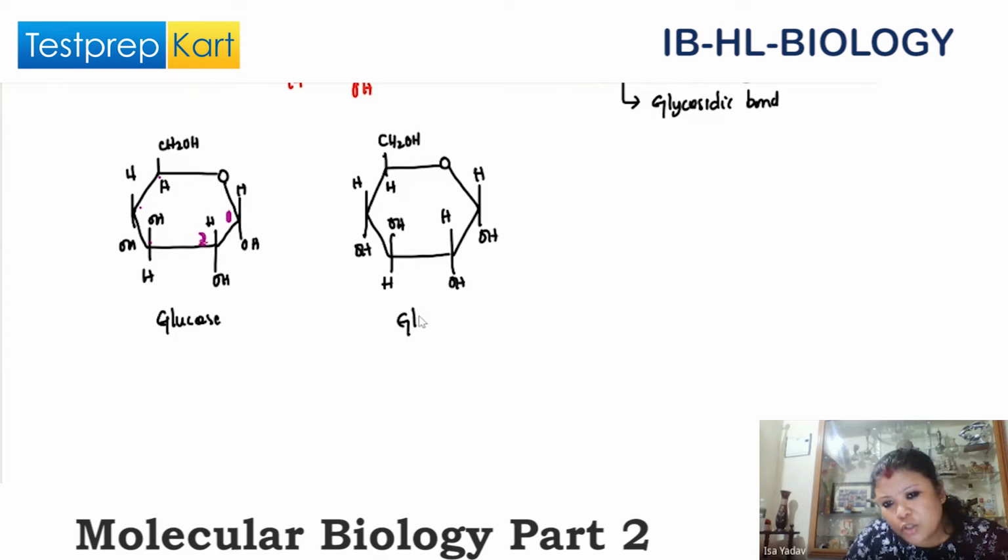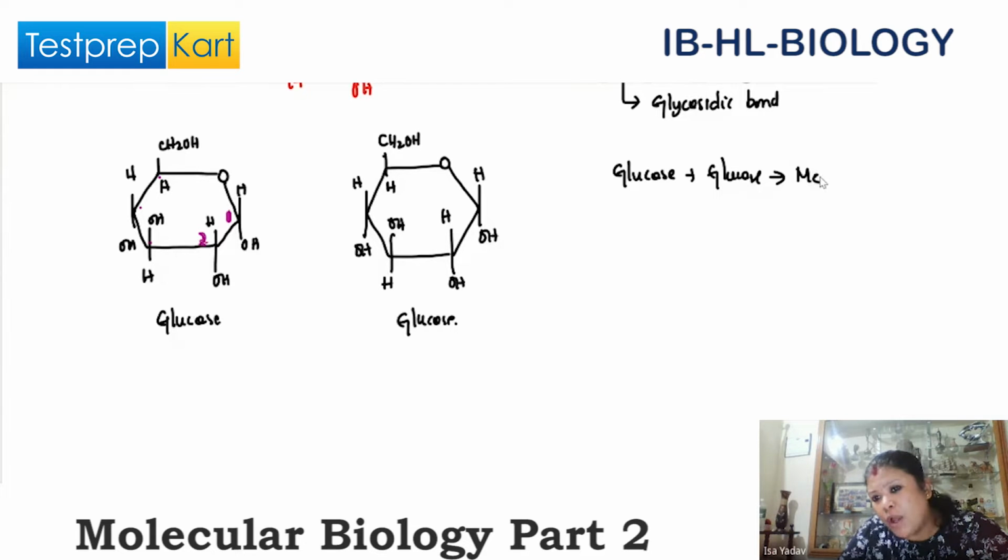So this is another glucose molecule. Now we are going to join them. Glucose plus glucose will join to form maltose. Clear? They will join together by what we call a glycosidic bond.